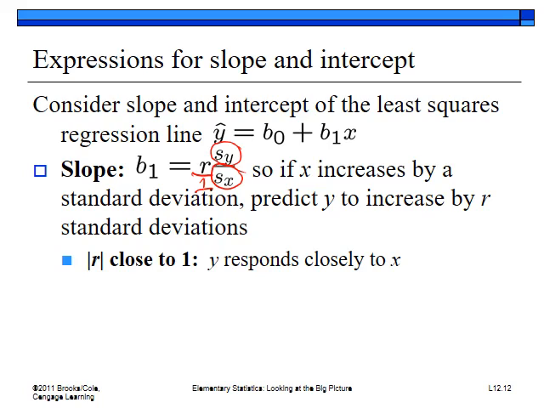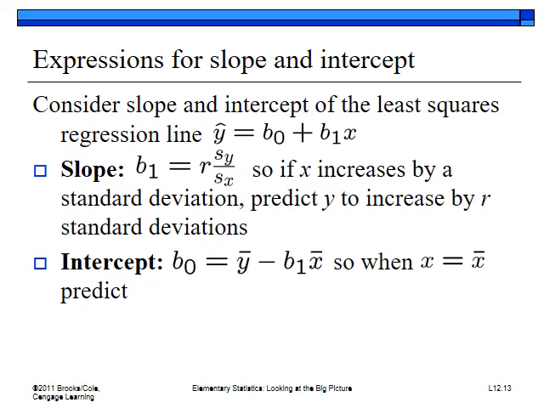If x goes up by 1 standard deviation, y will either go up or down, depending on the sign of r, by nearly 1 standard deviation. If r is close to 0, increasing x by 1 standard deviation results in a very tiny change in y. So a meaningful change in x gives us barely any change in y. That means that y does not respond well to x.